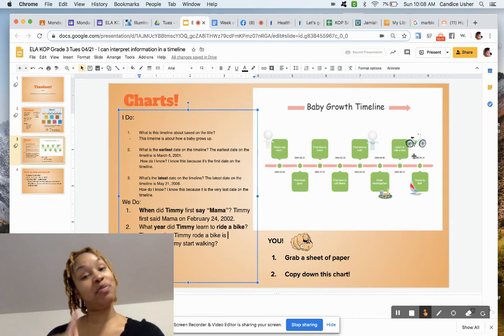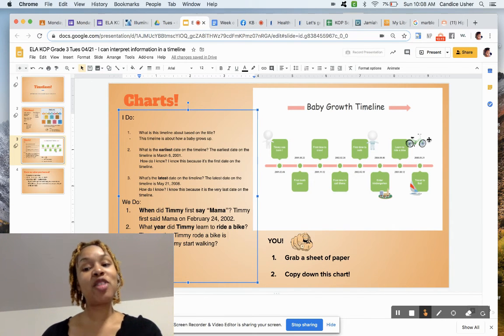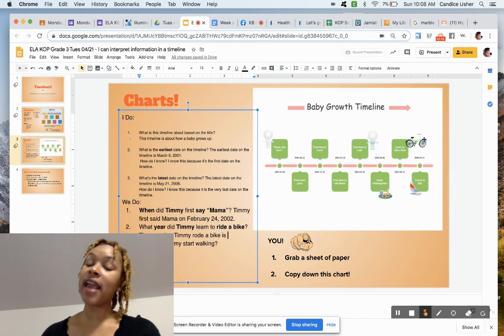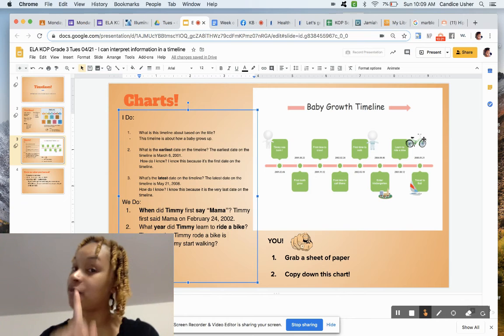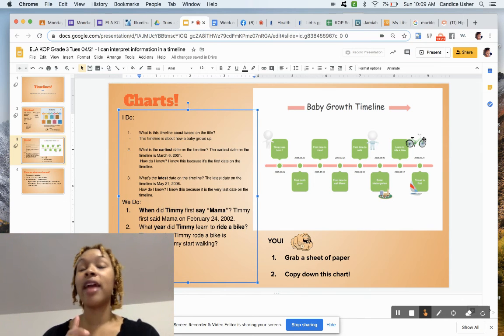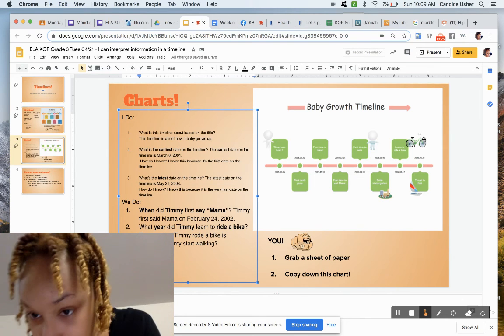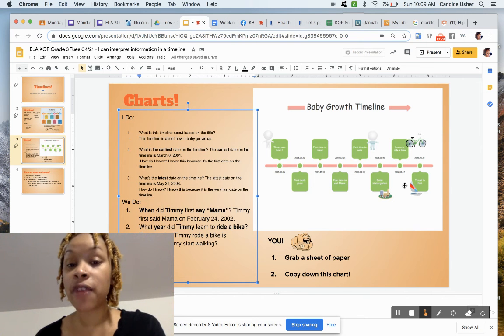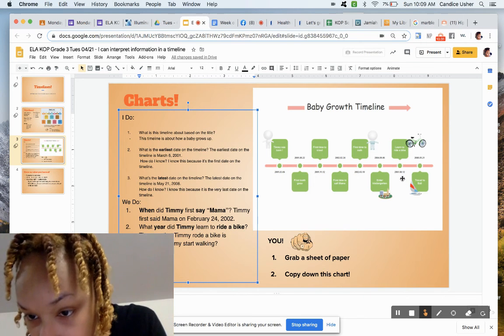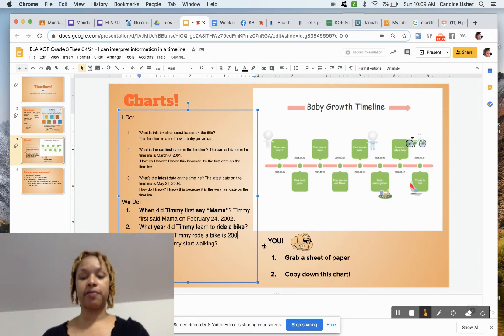This timeline has a picture on there. And here is a picture of a bike. So I can look at the bike and I want to check the event. So I'm still going to read the words next to the bike to see if that was the first time he rode, or that is when he learned to ride a bike. So let's see. Learn to ride bike. Yep, there it is. So we're going to look for the year. And the year is 2007.